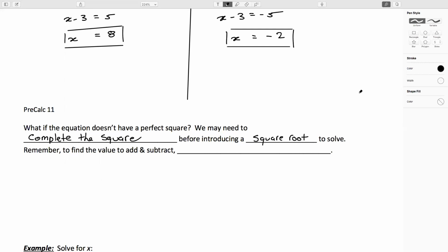Remember, to find a value to add or subtract, we have to add or subtract the same number from both sides.